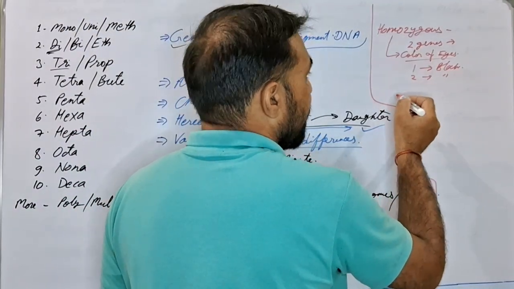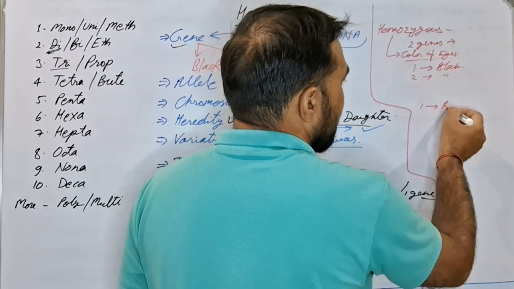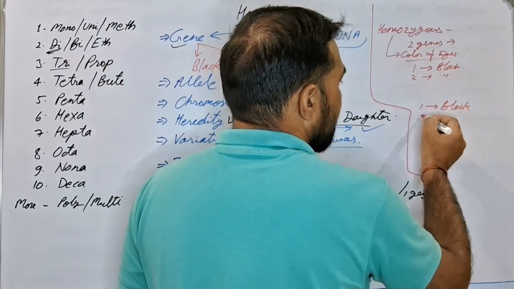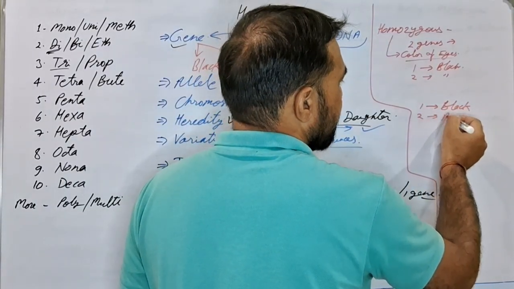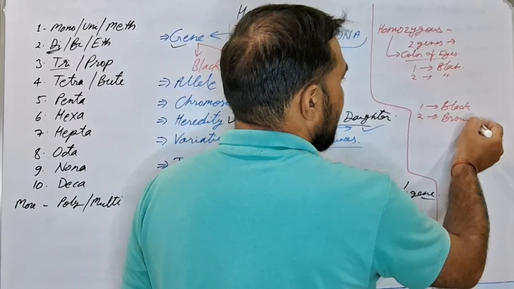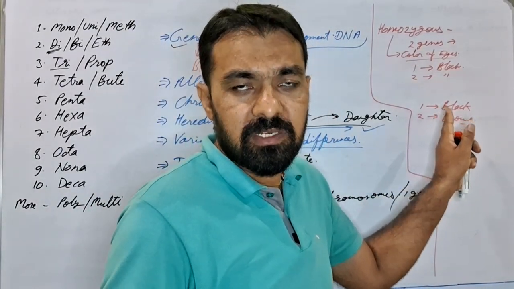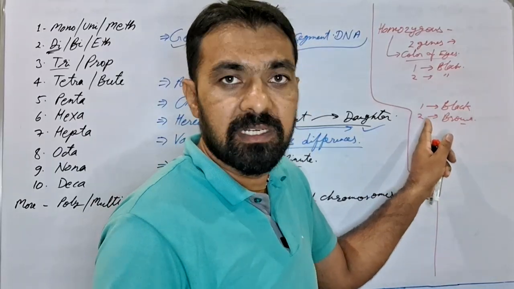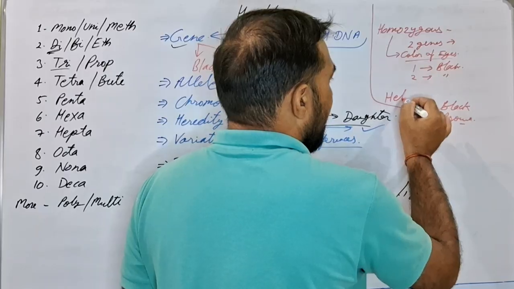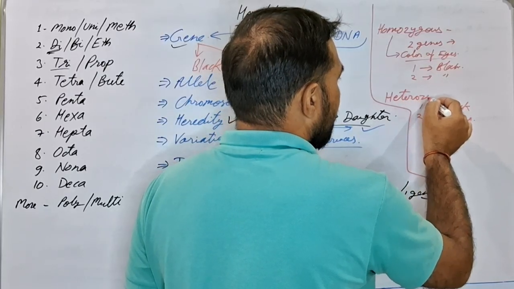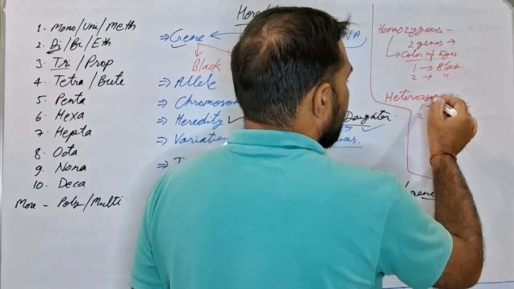But if one gene represents that the color of eyes will be black, but the second gene represents any color other than black, such as brown, in such case, because both the genes which are responsible for the character of color of eyes represent the color in different ways, that's why such situation is known as heterozygous situation or heterozygous condition or heterozygosity.